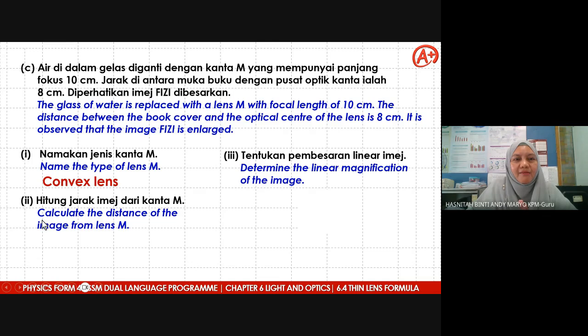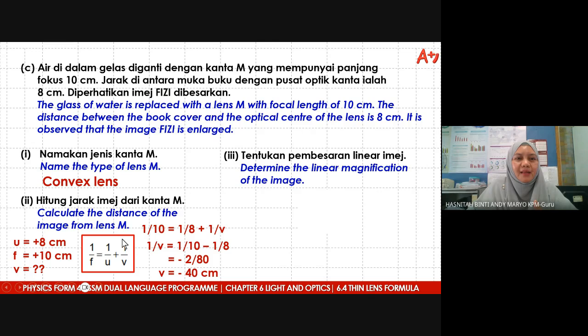Then second, find the distance of the image from lens M, meaning find the image distance V. So we can apply the thin lens formula. U is 8 centimeter, F is positive 10 because it is a convex lens. Now we are looking for V. So you do the substitution: 1 over F equals 1 over U plus 1 over V. You will find V is negative 40 centimeter.